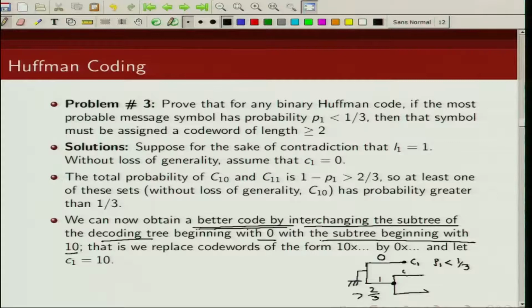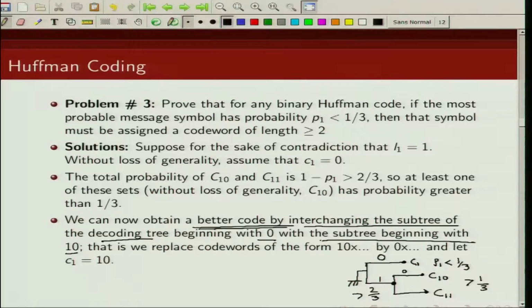In other words, either C10 or C11 should have probability greater than 1/3. Now if that is the situation, then we can reduce the expected code word length by interchanging C1 with C10 or C11, whichever has probability greater than 1/3, right?